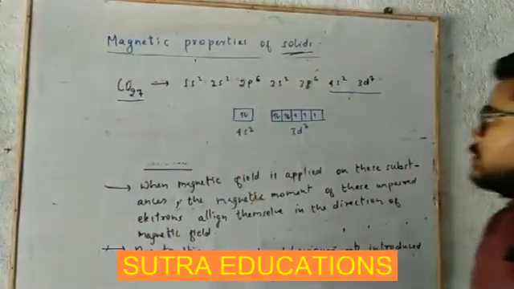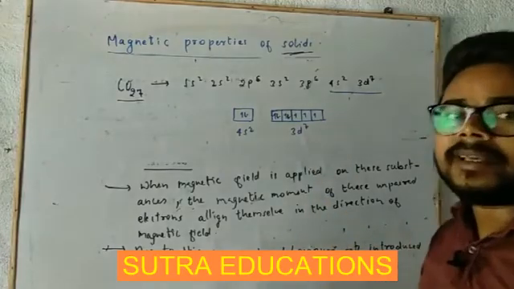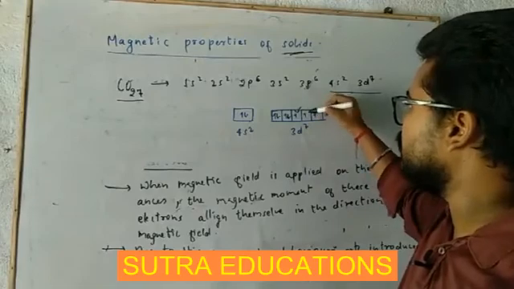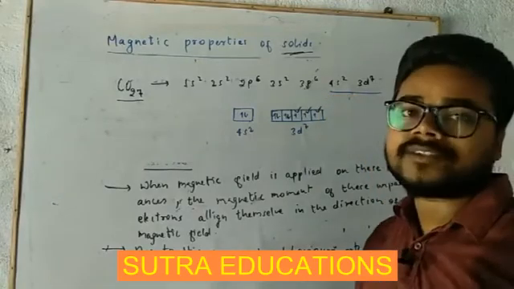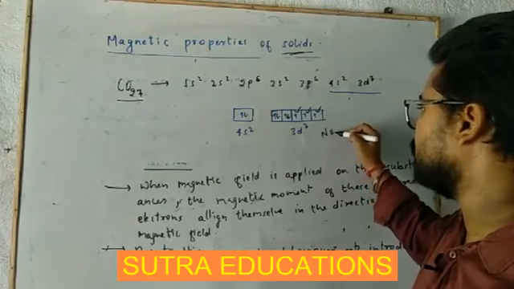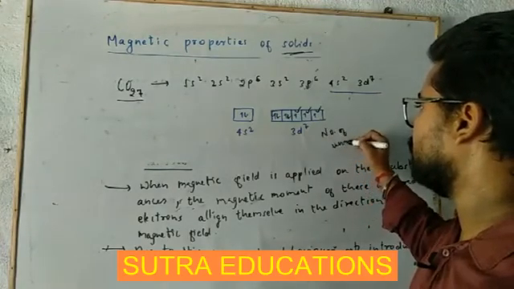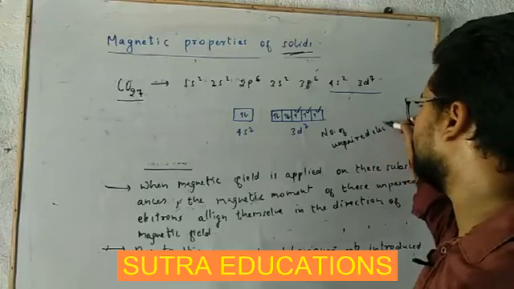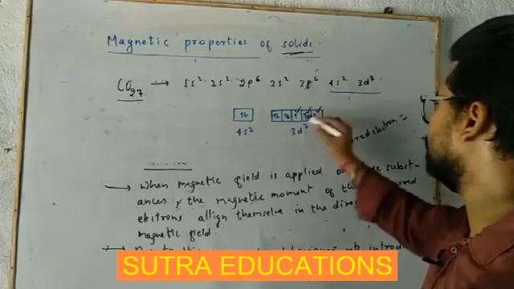From this configuration you can clearly say there are 3 unpaired electrons in the case of cobalt. The number of unpaired electrons in cobalt is equal to 3.